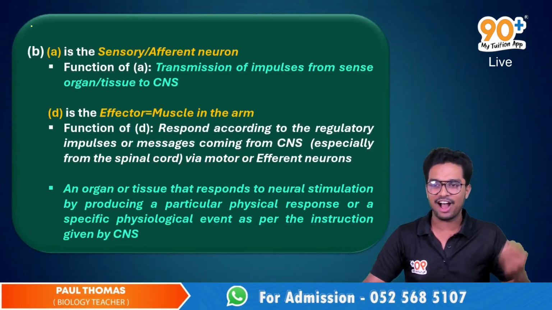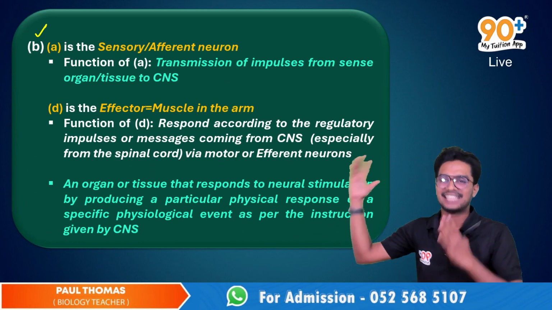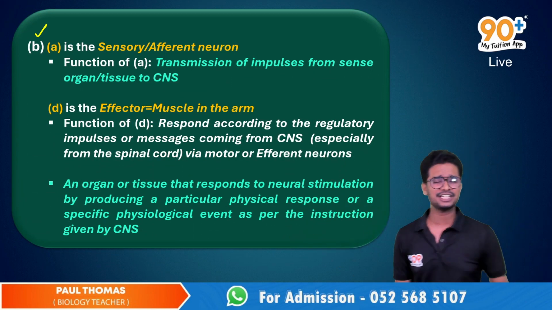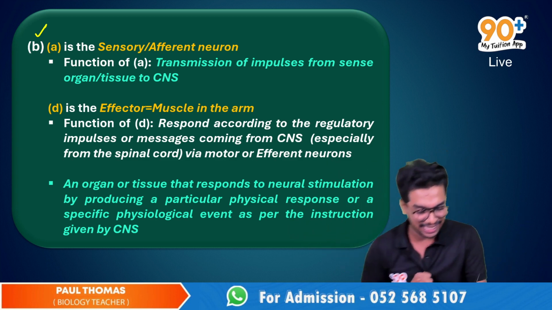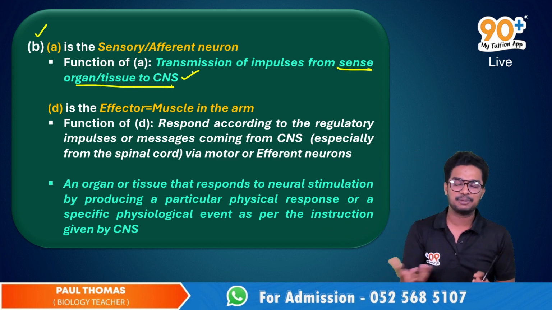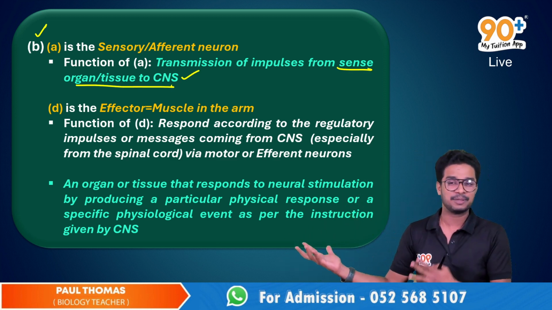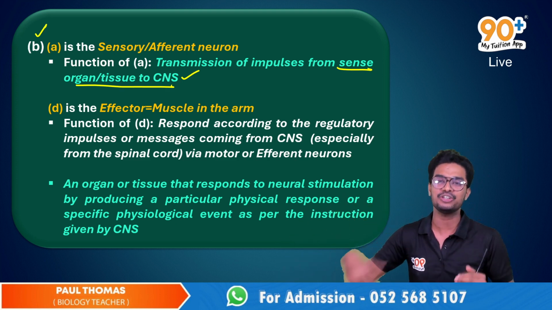Now we are moving on to the answer for the second part of the question. A is a sensory or afferent neuron, and the major function of A is to transmit impulses from the sense organ or tissue to the central nervous system, especially in this picture, from the sensory organ or tissue to the spinal cord.